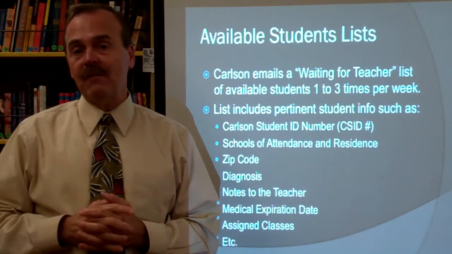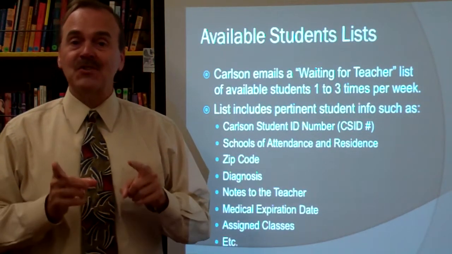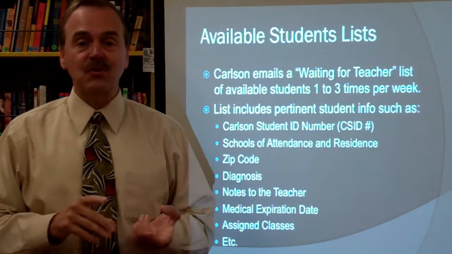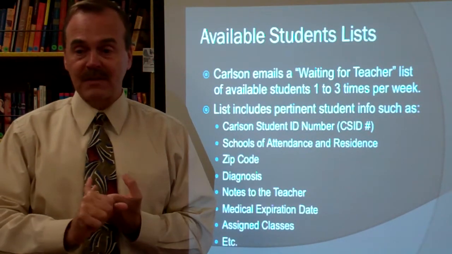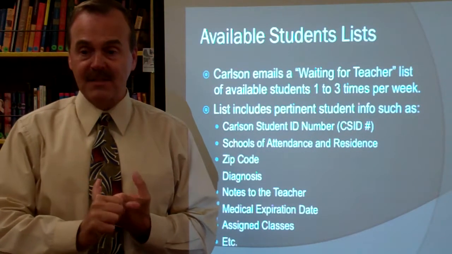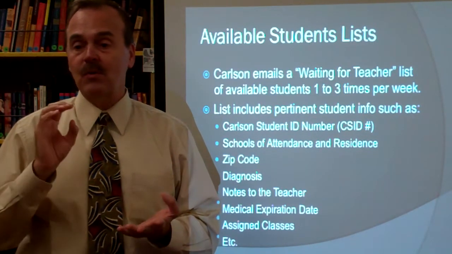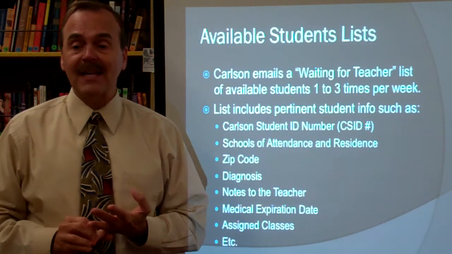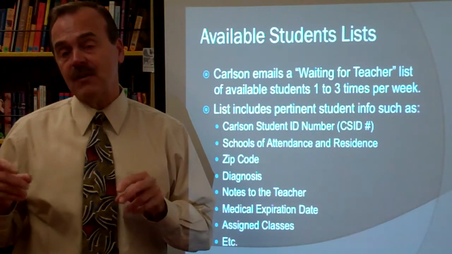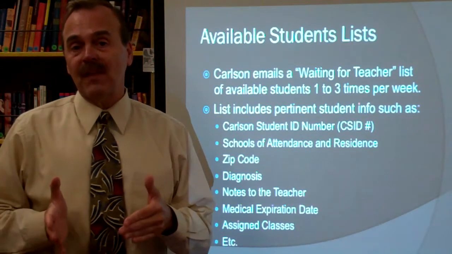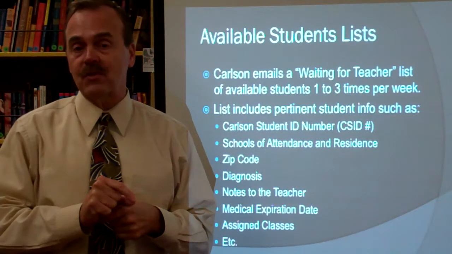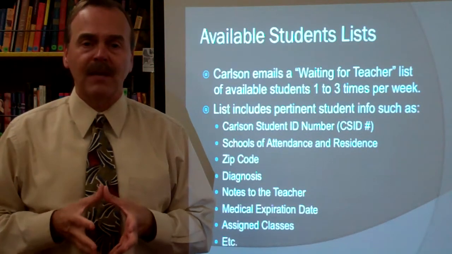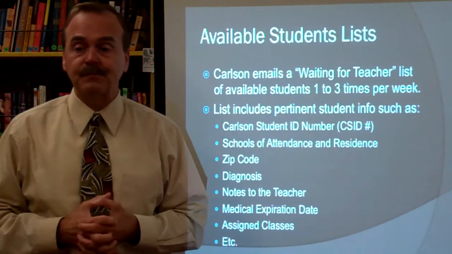The list will include the Carlson student ID number, the school of attendance for the student, as well as the school of residence. It'll have the zip code, the medical diagnosis for the student, as well as what we call notes for the teacher, because there may be some additional things that I want you to know about this student, so this way you can make an informed request.